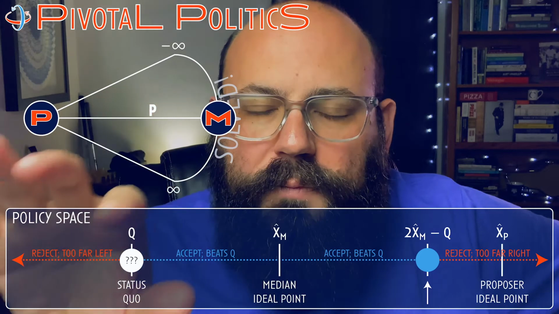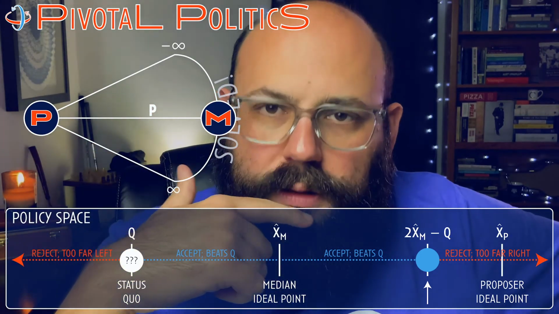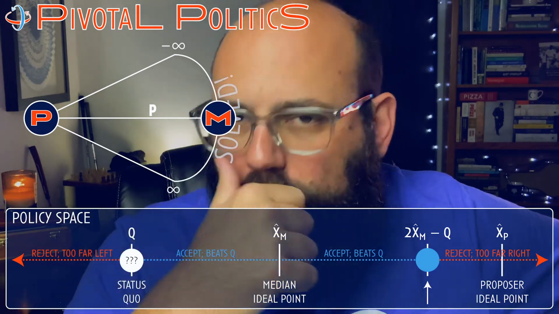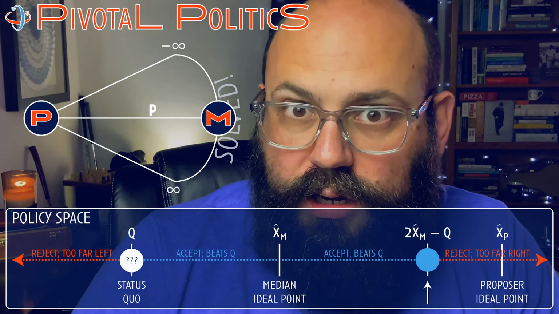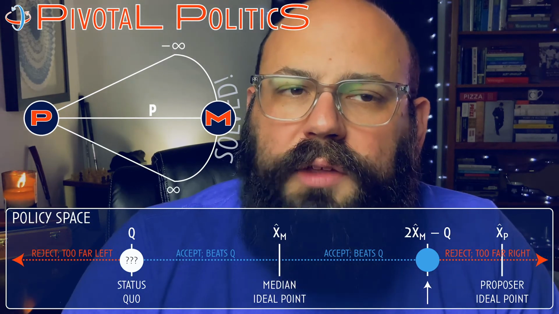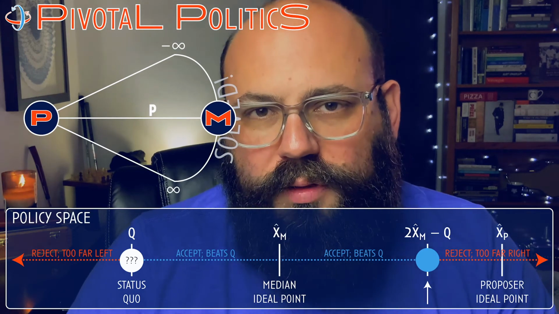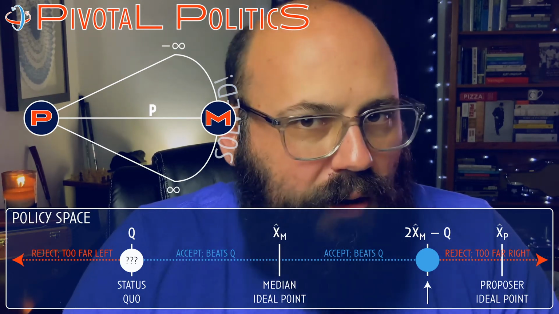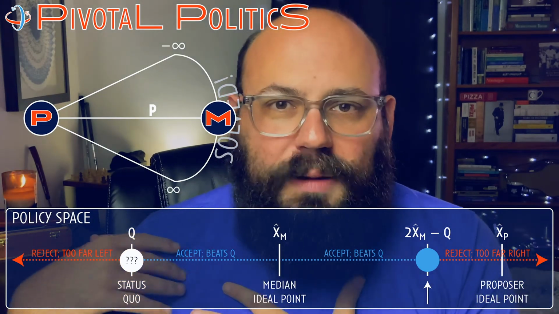If the policies in place are out of balance with the current median voter, with the current accumulated preferences of society, then it's very easy for the proposer to get a good proposal for them. But that might be very extreme. They might be able to get something just as extreme.